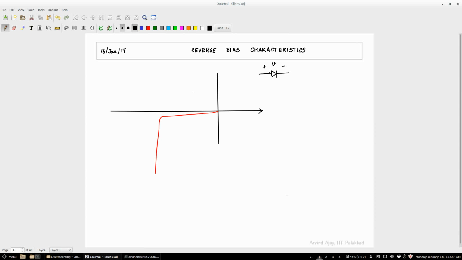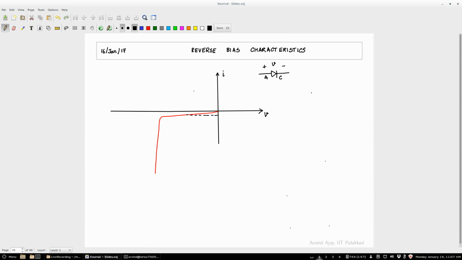So I am not drawing the forward characteristics, just to keep things precise. This is still a diode drawn so, right, and I am plotting the voltage across the diode, and the positive sense of the voltage is at the anode, right?